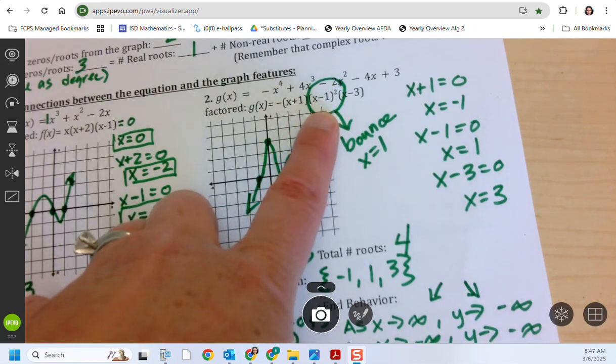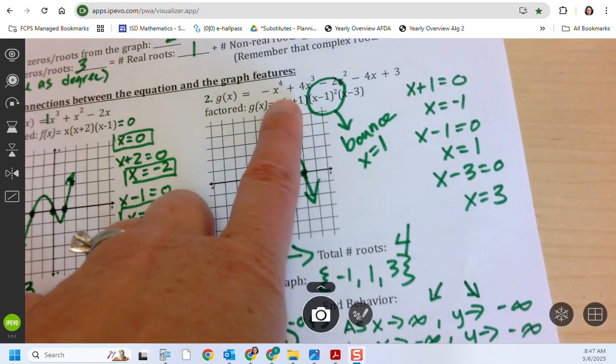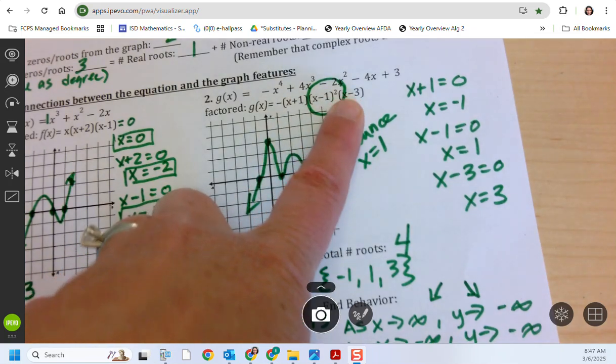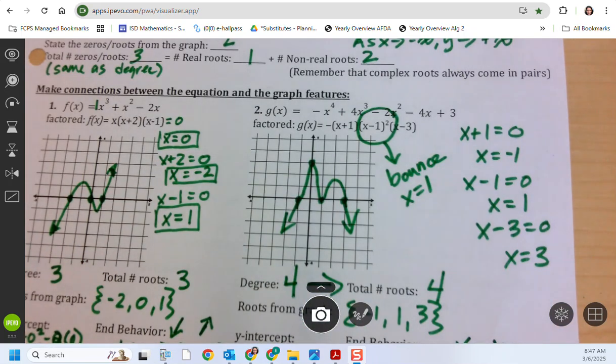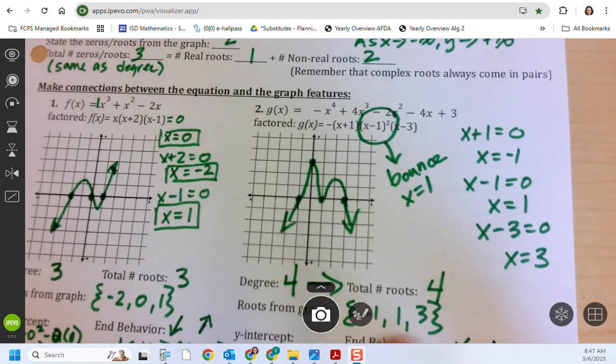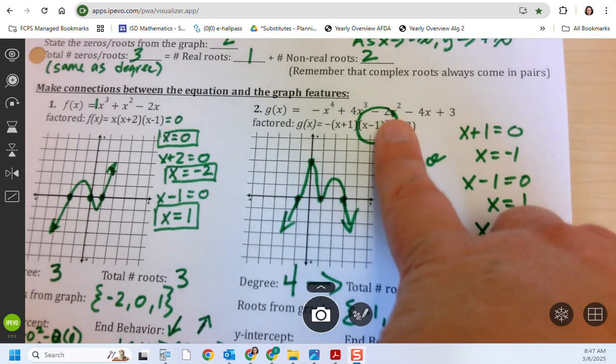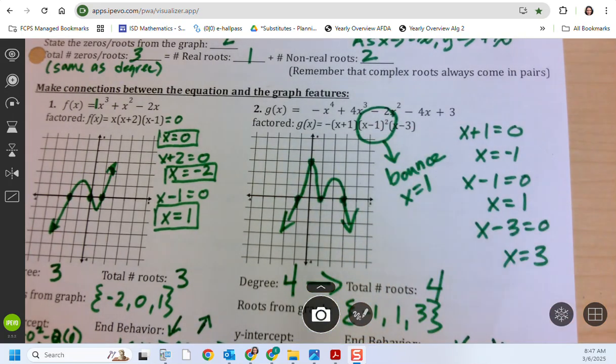Right, so that means that x equals 1 is a root 2 times. So the roots are 1 and 1, negative 1, and 3. Okay, so a multiple root can count more than one time. You don't list it twice, to say, oh, the roots are negative 1, 1, 1, and 3. But because of the double root, we really do have 4 real roots.